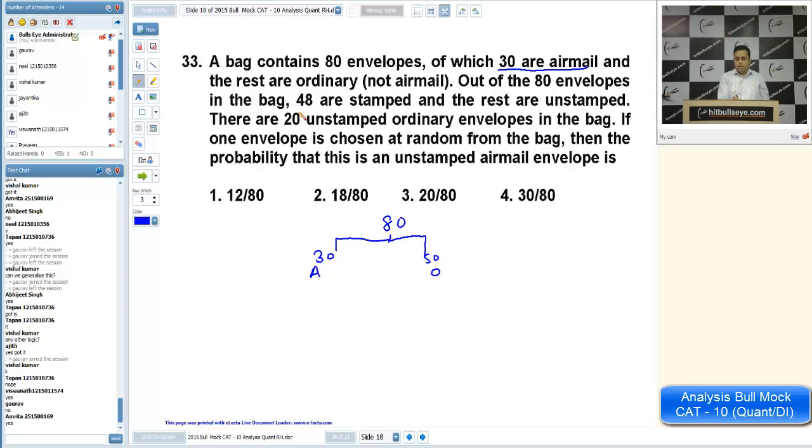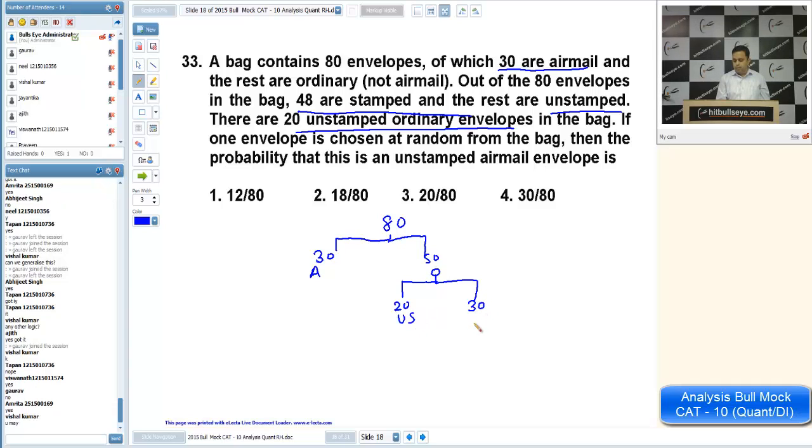Now there are 48 which are stamped and the rest are unstamped. There are 20 unstamped envelopes which are ordinary. So in the case of ordinary envelopes, 20 are unstamped, that means 30 will be stamped.